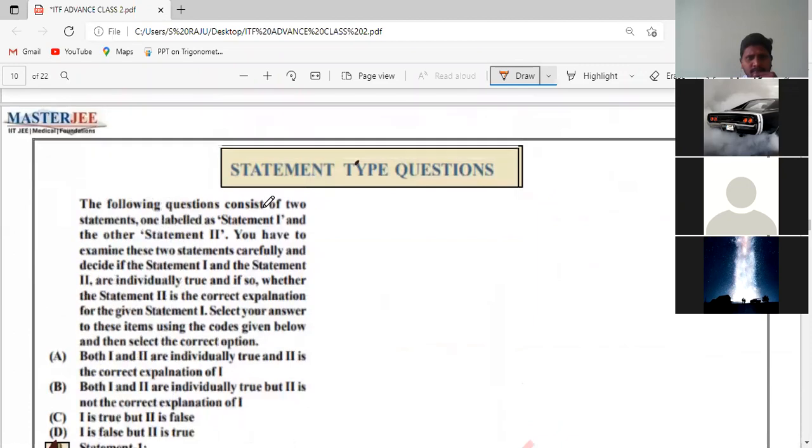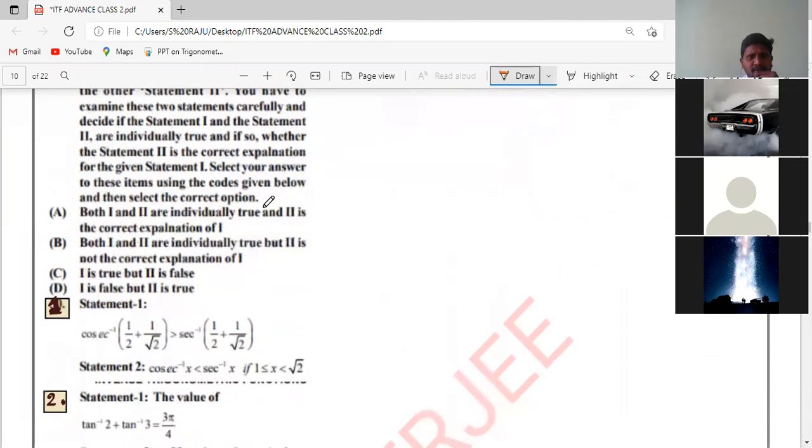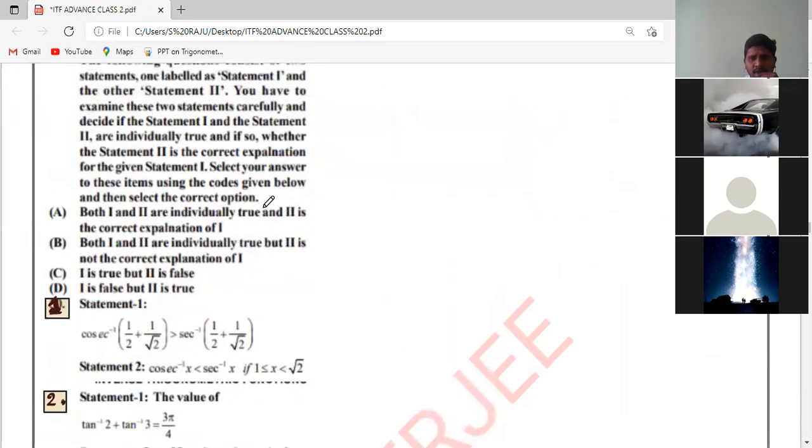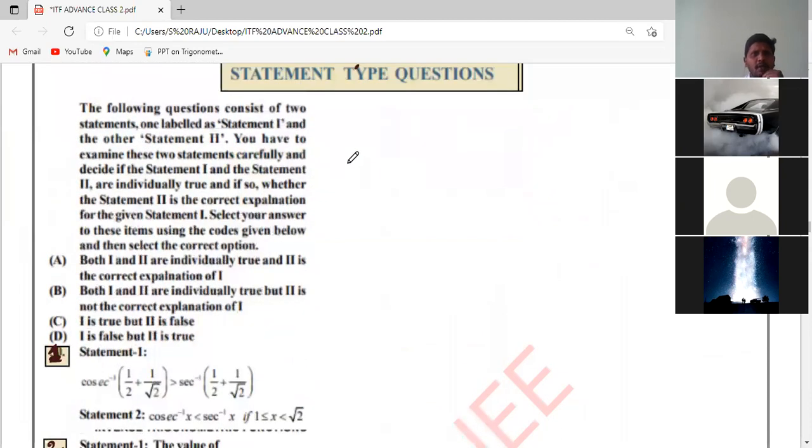Next, statement type questions. The following questions consist of 2 statements. One is statement 1, another one is statement 2.